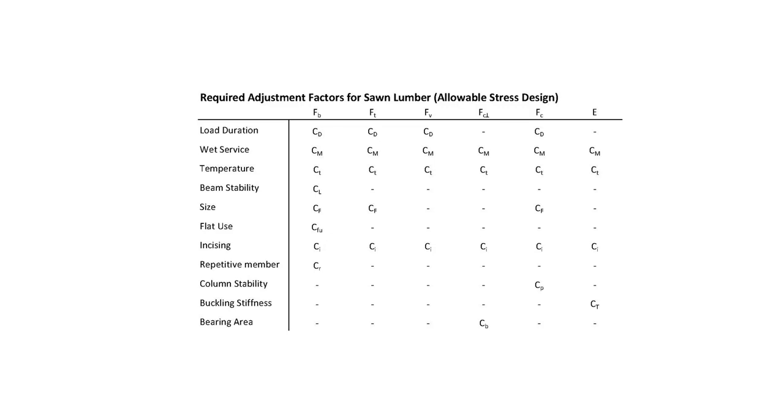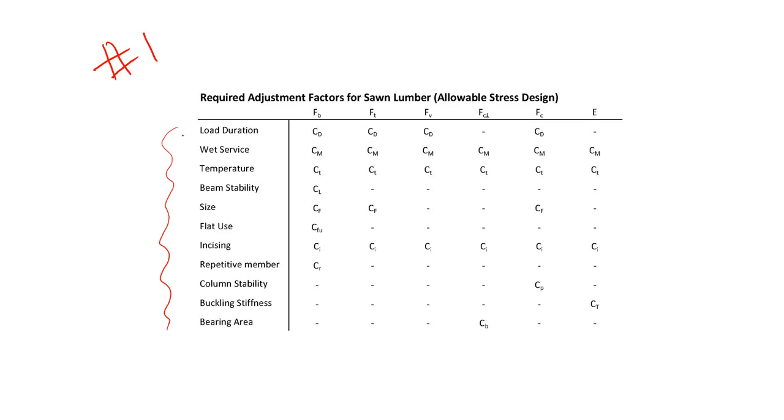The first table that shows up in this particular file is the different types of adjustments that actually exist. I'm not going to test you on this table specifically. This is more just for your information. But what you'll notice here is that there's a whole bunch of different adjustments that you have to make when we're dealing with sawn lumber.